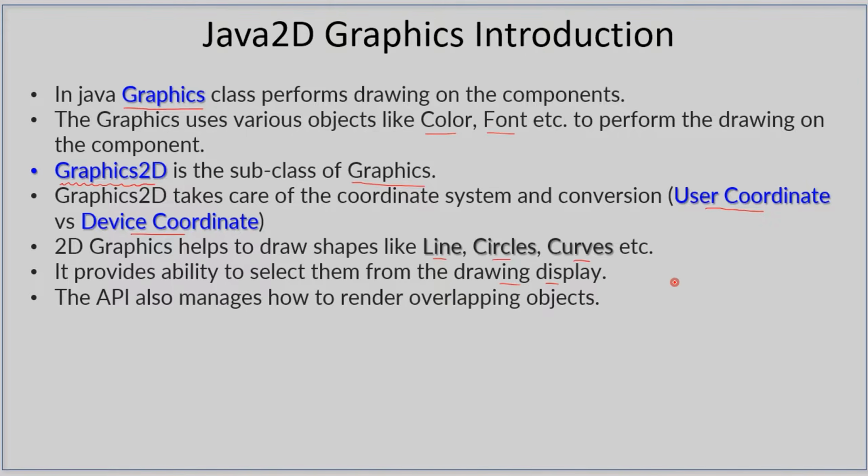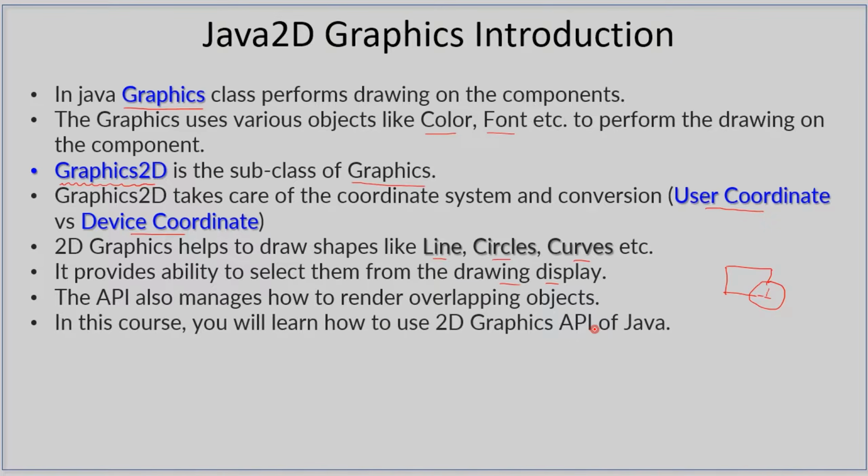So when one object is placed on top of another, how to render both objects. Let's say this is a rectangle and there is a circle which is overlapping on top of the rectangle, and Graphics2D maintains how to manage these overlapping objects. In this course, you will learn how to use the 2D graphics API from the Java package.